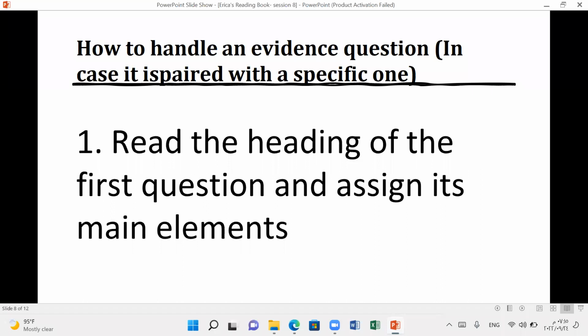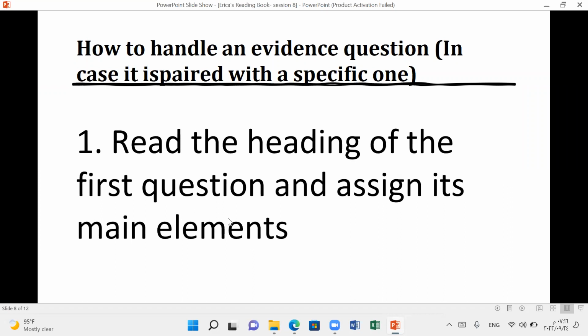The first step: you need to read the heading of the first question and assign its main elements. This is the very first step you need to carry out. So read the heading of the first question and assign its main elements.